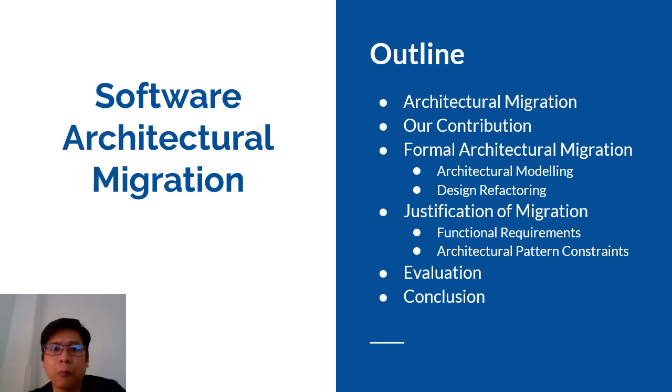After that, we will look into how can we refactor the design to support a new architectural style. Then we look into how can we make sure that the refactored design is correct through the formal verification. Then I will briefly present how-to and evaluation result, and then I will conclude this paper.